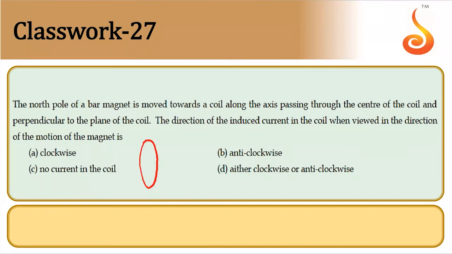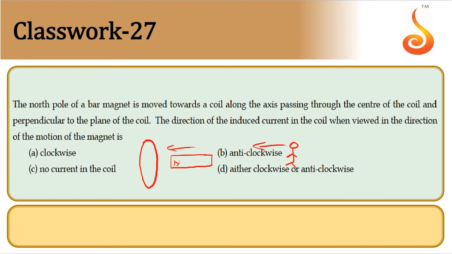So let us say this is the coil. Now north pole of the magnet is moved towards the coil. So you are observing from here. Direction of induced current in the coil when viewed in the direction of motion of the magnet.